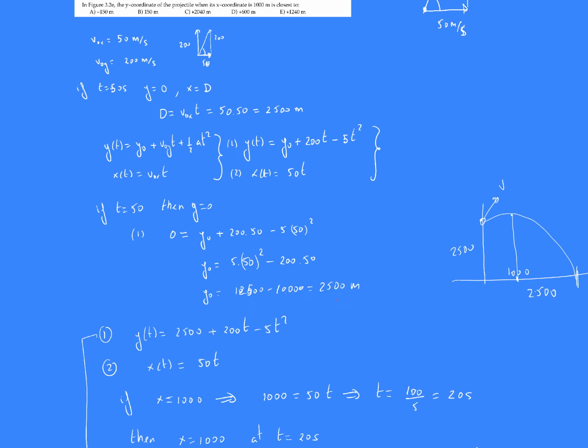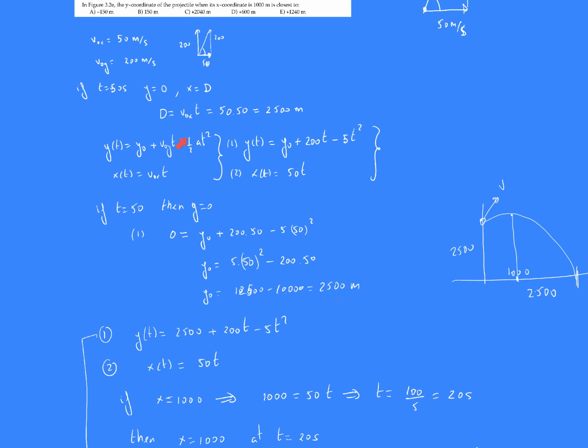So the object is launched from a height of 2,500, and he will arrive 2,500 meters away in the x direction. The equation of y of t is y0, 2,500, plus v0y, 200 times t, minus 5t squared.